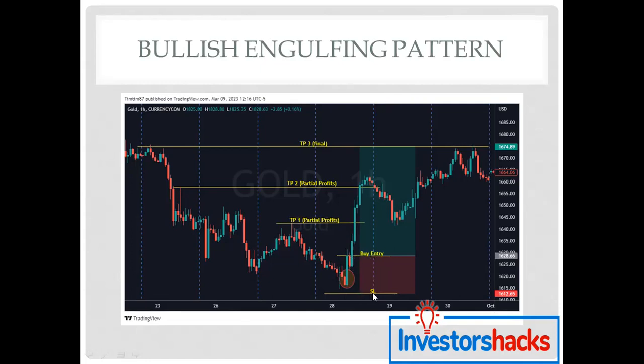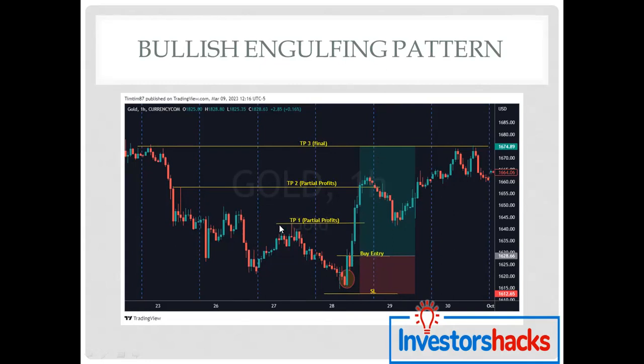Your stop loss, or SL, should be slightly below the low of this bullish engulfing pattern. And like I said in the previous lesson, you need to shoot for at least a 1:3 risk to reward ratio, meaning that whatever you are risking here must be 3 times of what you are looking to attain.